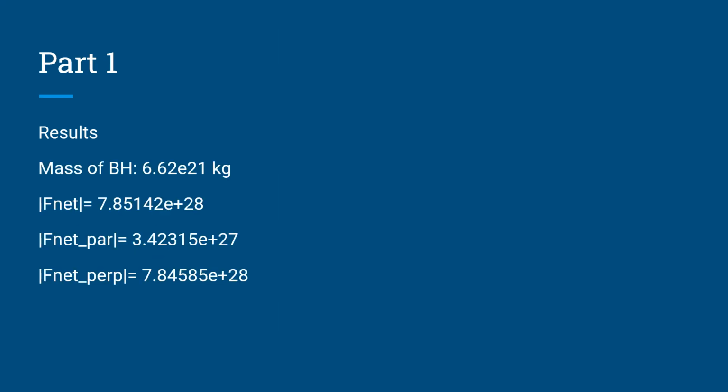So our results gave out that the mass of our black hole was 6.62 e to the 21 kilograms, and the components were the ones that are written below.